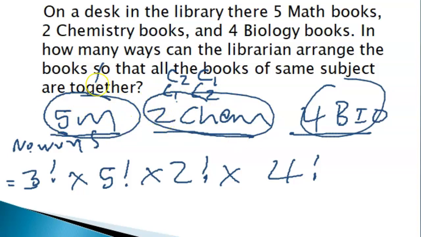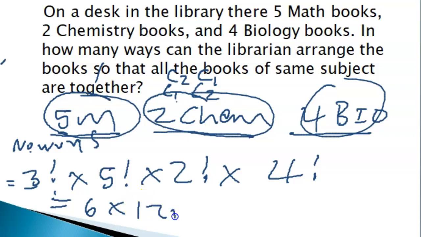And then as a group, it's 3 groups, so those 3 groups can be arranged 6 ways, represented by 3 factorial. All right, so do the calculation. So 3 factorial, that's 3 times 2 times 1, that's 6. 5 factorial, that's 5 times 4 times 3 times 2 times 1.